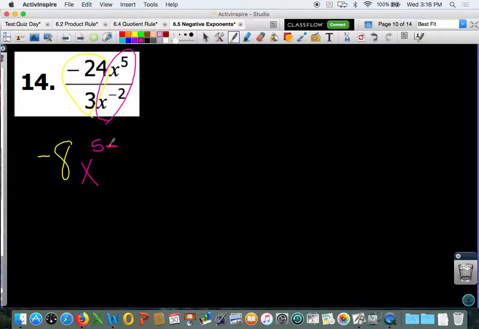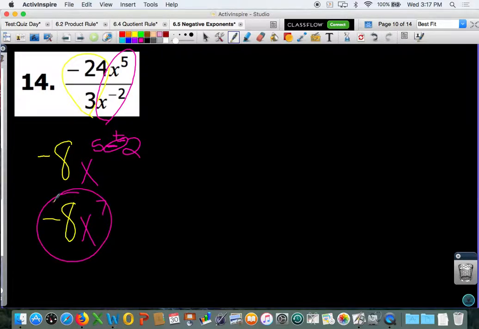I have to make sure I have this subtraction right here, and it's also got a negative on the 2. So I know that when I have two negatives together, they become positive. So that becomes 5 plus 2. So now I've got negative 8 x to the 7. And that one just stays as it is. It's perfectly fine.